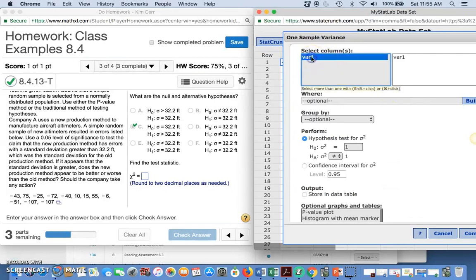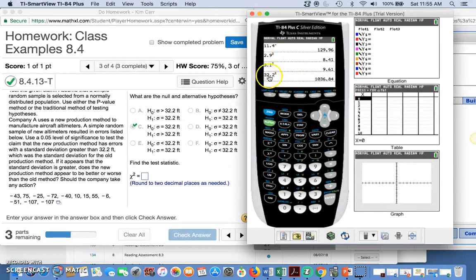Our data is in bars 1, and it's going to be equal to, this time it's going to be greater than, but we've got to figure out the variance. If the standard deviation is 32.2 feet, if we take 32.2 and we square it, we get 1036.84. You can do that with any kind of calculator.